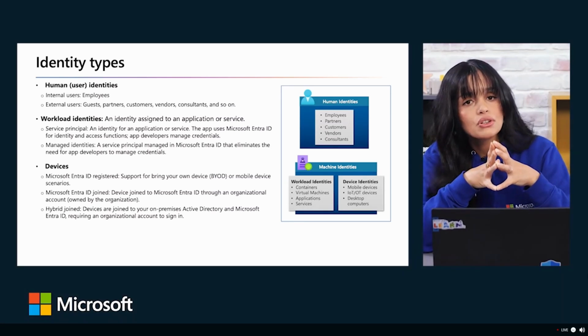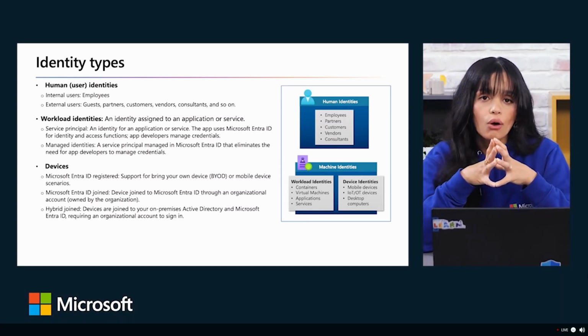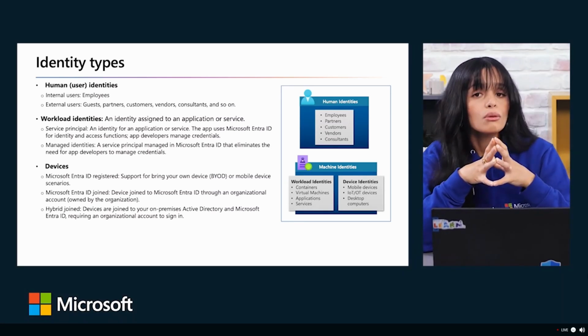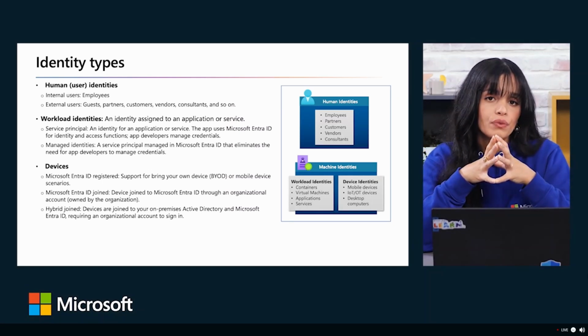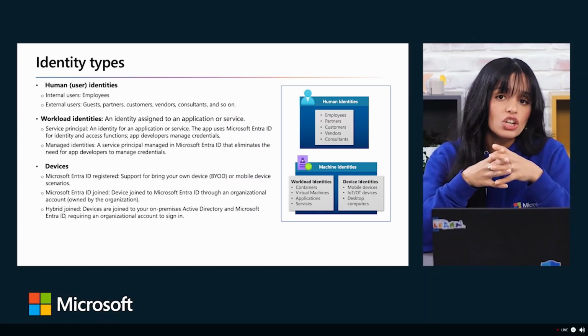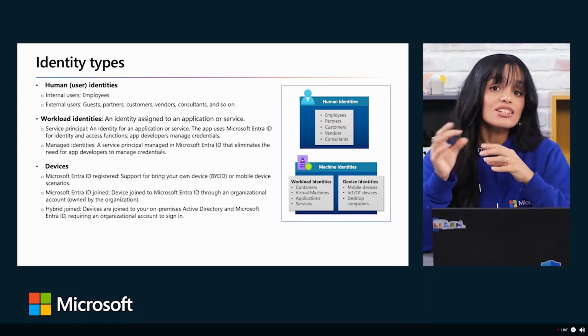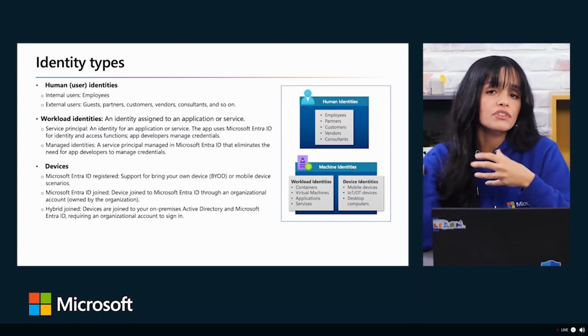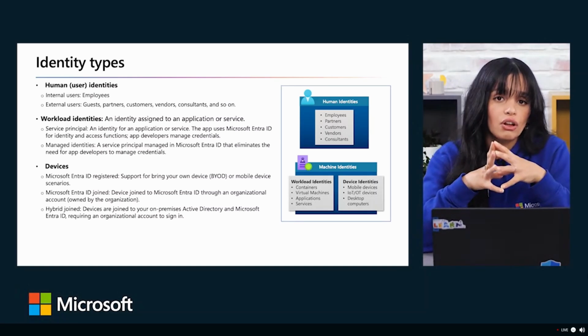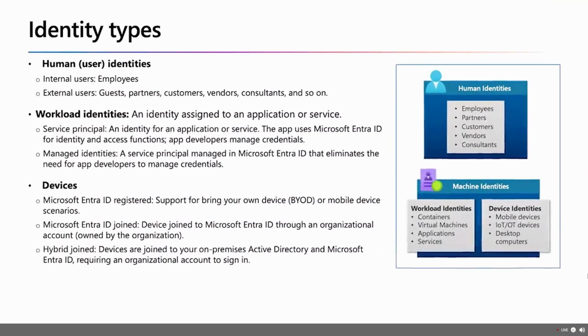This provides users with support for bring your own device or mobile device scenarios. We have Microsoft Entra ID joined devices. These represent a device joined to Microsoft Entra ID through an organizational account. And lastly, the hybrid Microsoft Entra ID joined devices. These devices are joined to your on-prem Active Directory and Microsoft Entra ID, requiring an organizational account to sign into the device.